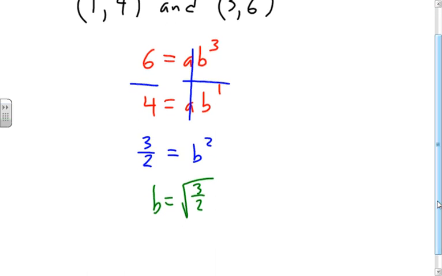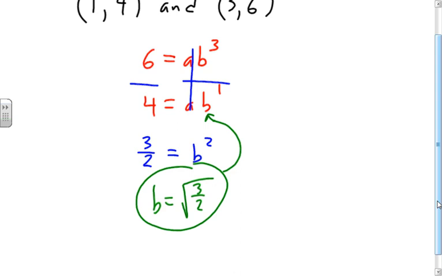So we want to take this value of b and put it back into the original equation. You'll notice I've chosen to put it into the smaller of the two exponents, b to the first rather than b to the third. I do that simply because it's a little less work and there's not so much going on.